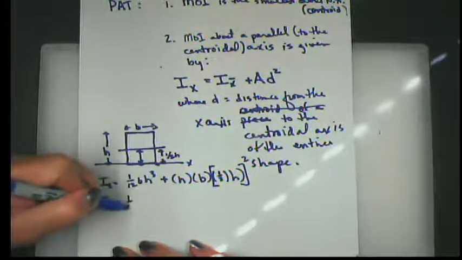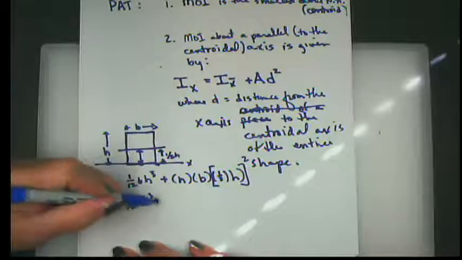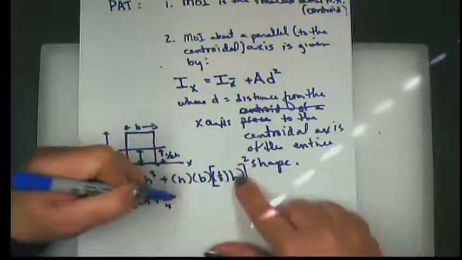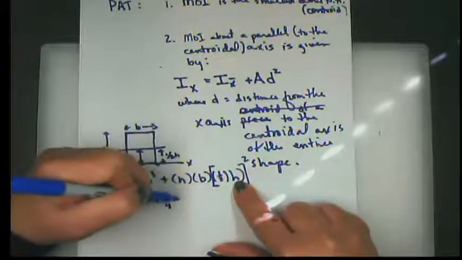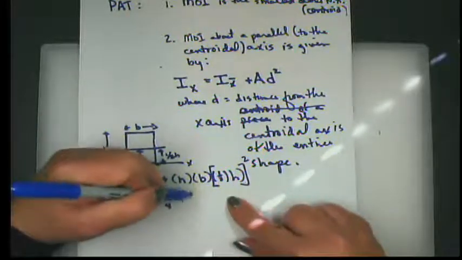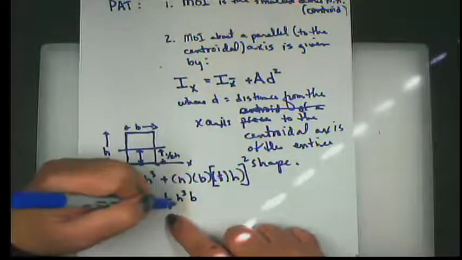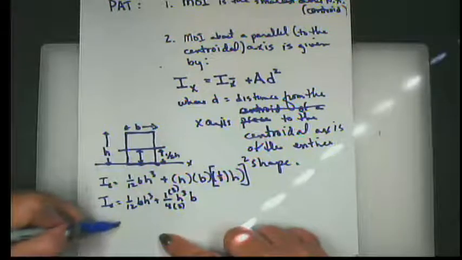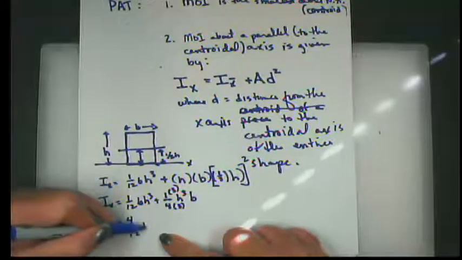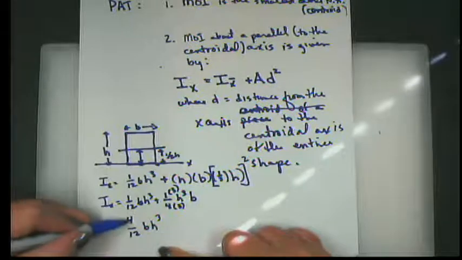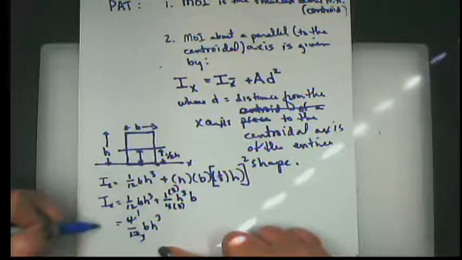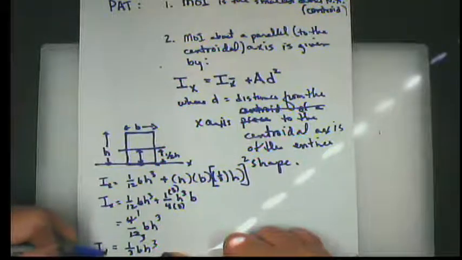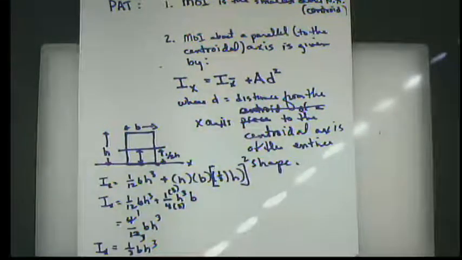Ix equals 1/12 base height to the third plus, if I square this, 1/4 height squared times height times base, or height to the third and base. And if I take the first term and multiply it by 3 to get a common denominator, I get 3 plus 1, or 4/12 base height to the third, which reduces to 1/3 base height to the third, the moment of inertia about the base.